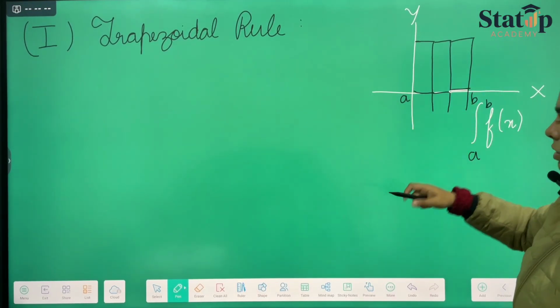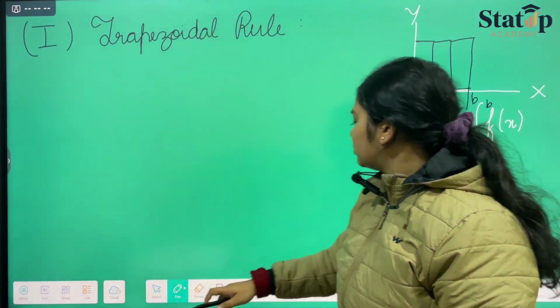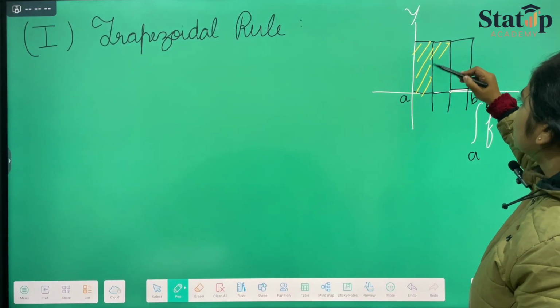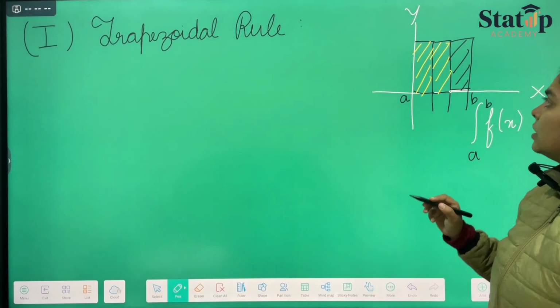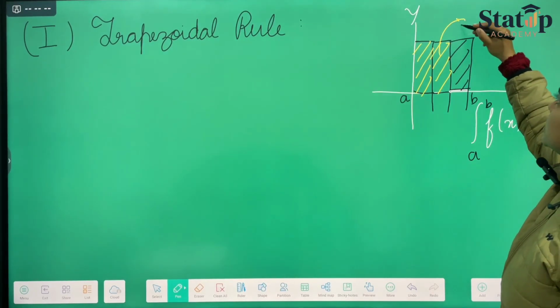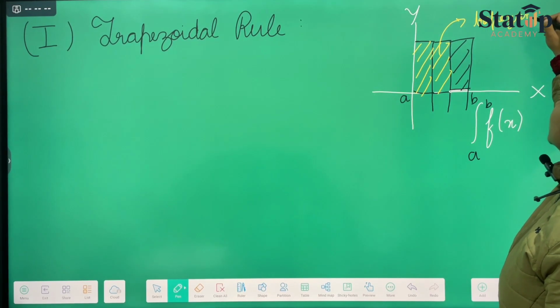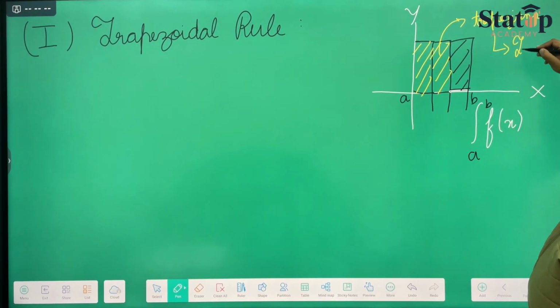So these blocks or bars individually are considered as what? These are considered as trapeziums. As you see, these are trapeziums, and hence the name trapezoidal rule.